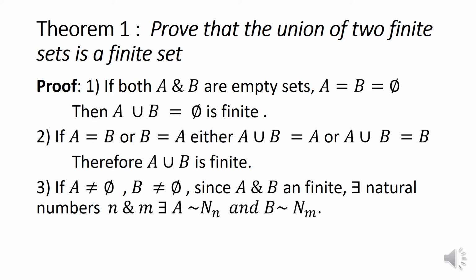Because A and B are finite sets, and A union B equals A or A union B equals B, this makes A union B a finite set.